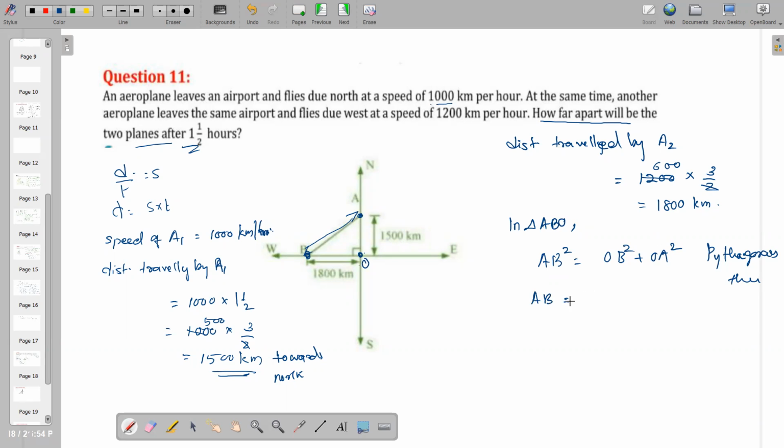Then we can calculate AB square. Therefore, AB is equal to the square root of OB square plus OA square, where OB is 1800 and OA is 1500. So we take 1800 the whole square, plus 1500 the whole square.